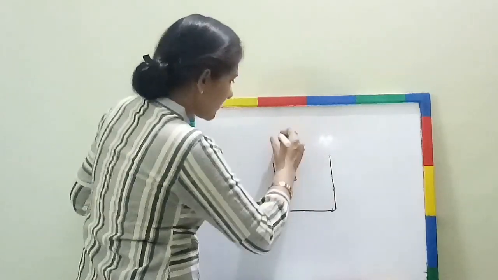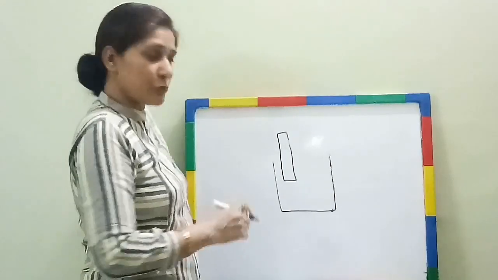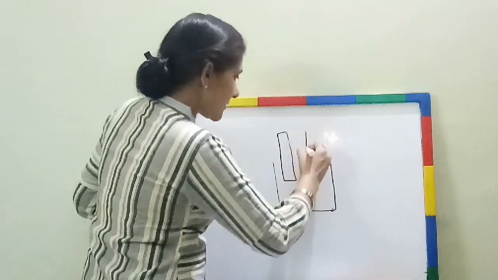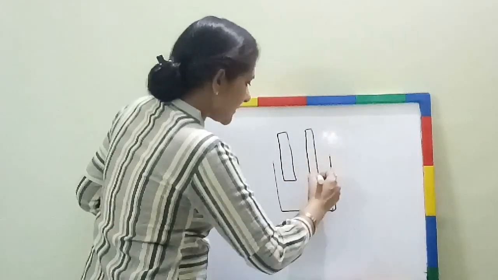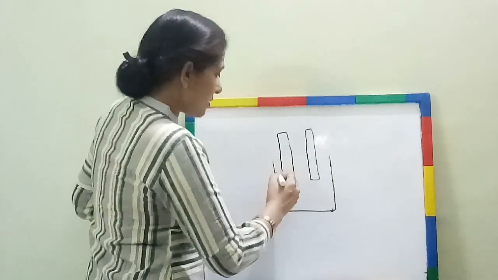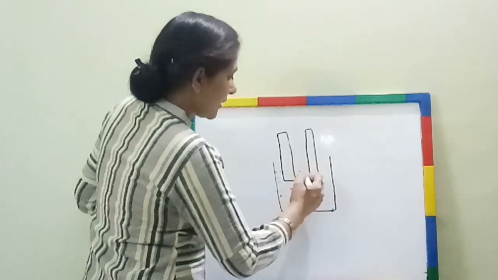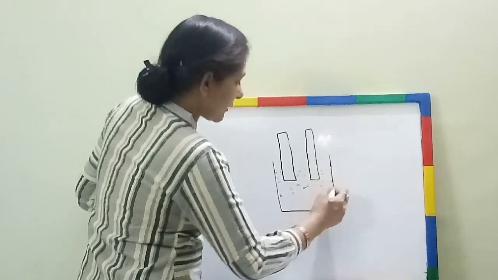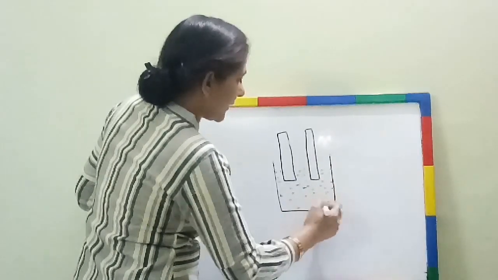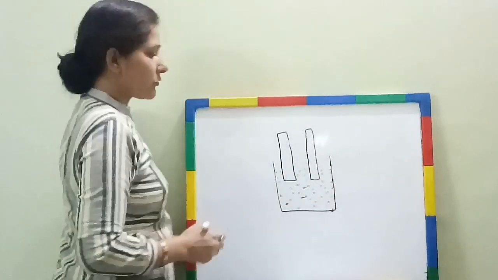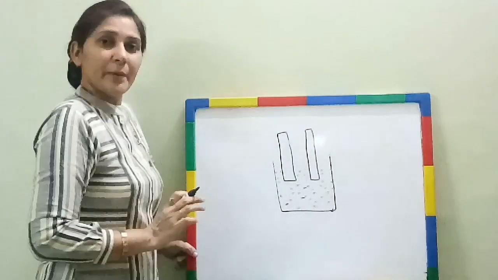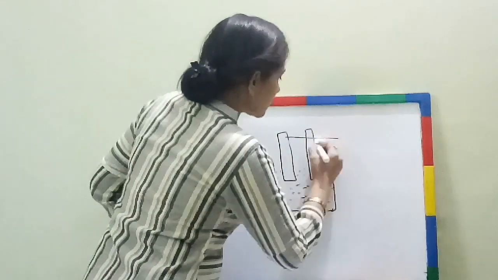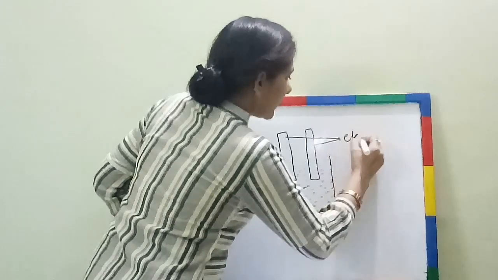This is the simple diagram of a cell which we draw to explain the chemical reactions taking place inside the cell. This is another electrode, and the conducting solution is present in this beaker or container wherever we place the electrodes. These electrodes are generally made of metals, so these two are working as electrodes.